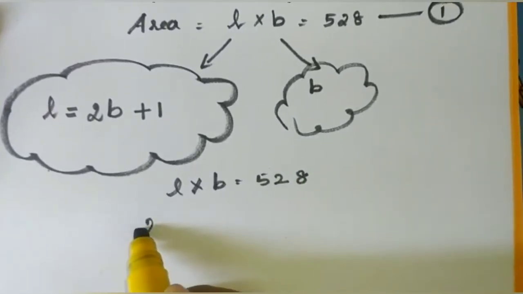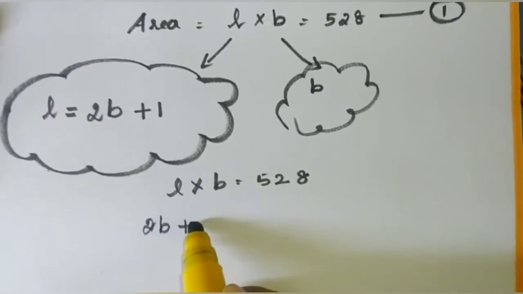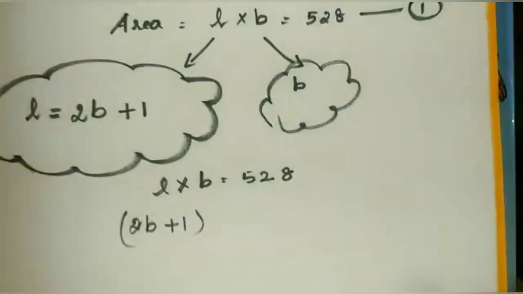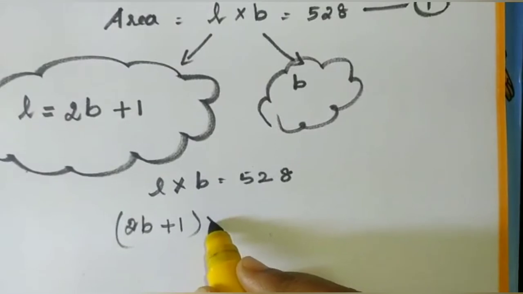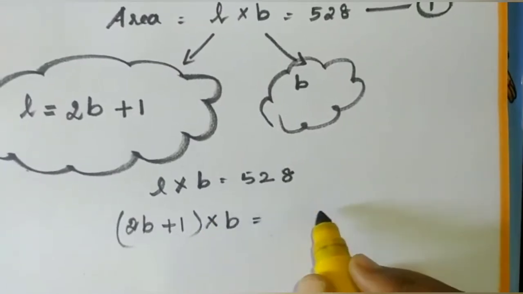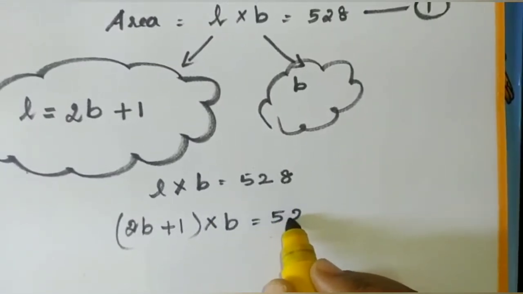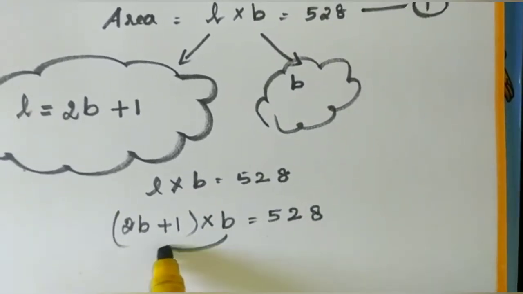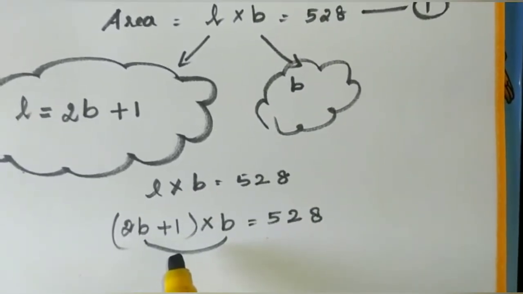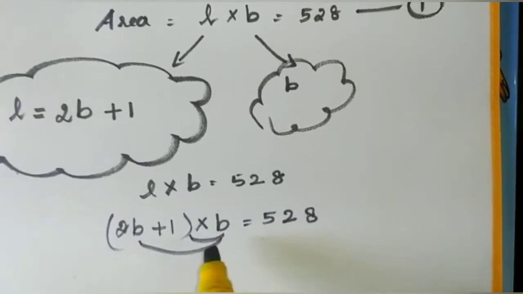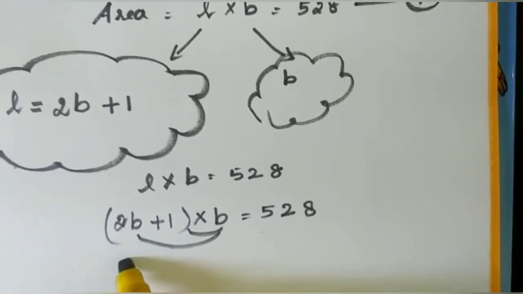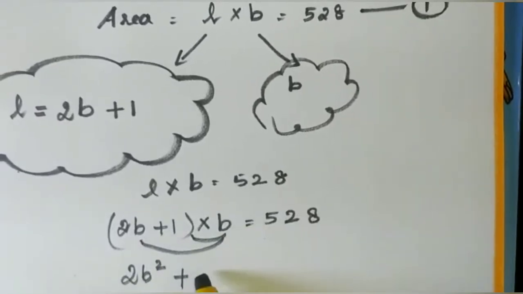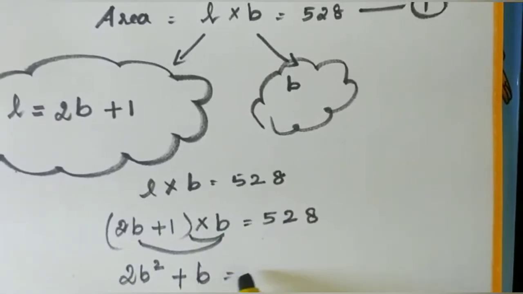The length is 2B plus 1 and the breadth is B, is equal to 528. Now multiply this. We have to remove the bracket. For that we have to multiply. 2B into B is 2B square plus B into 1 is B, is equal to 528.